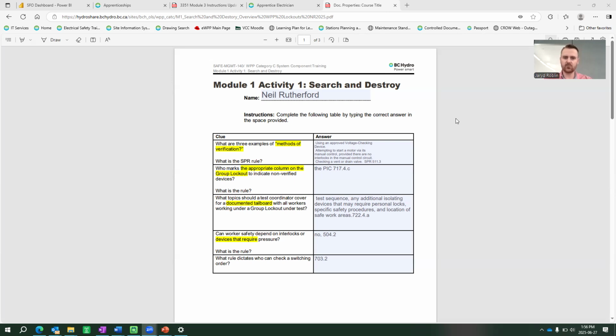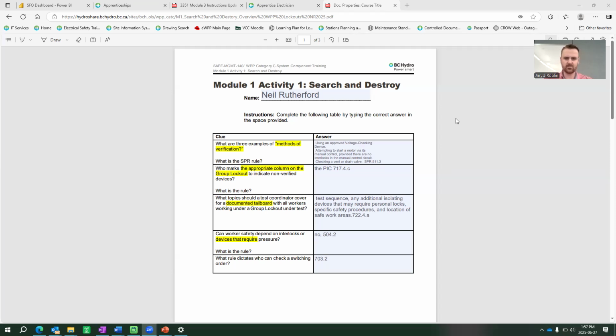And then your last one was checking a vent or drain. And finally, incorporating that proper SPR rule, even going down to 511.3, which is the exact rule that we're looking for. Now, throughout the rest, job well done. Found no issues here. Everything was done with great detail.